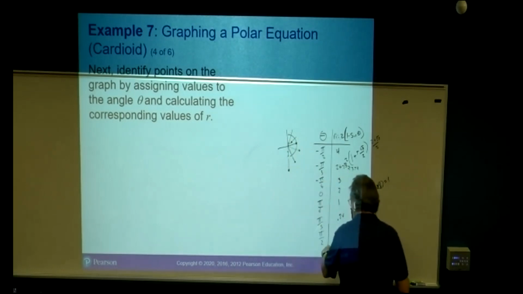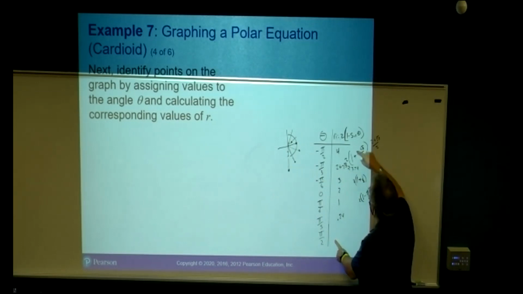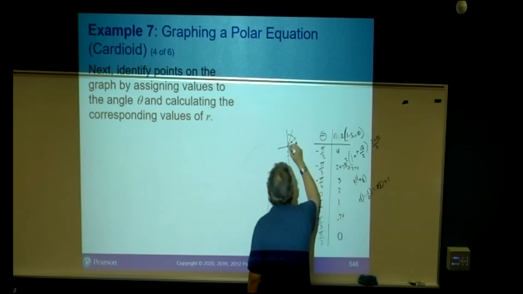And then sine of pi over 2, no, sine of pi over 2 is a positive 1. And so 1 minus 1 is 0, and 0 times 2 is 0. And so it's back here.